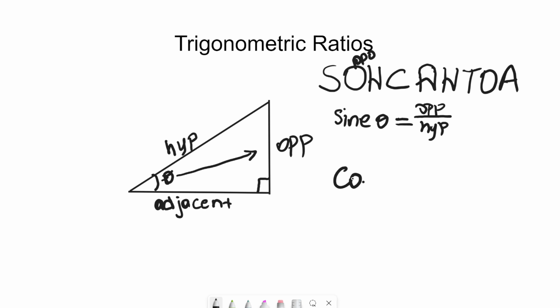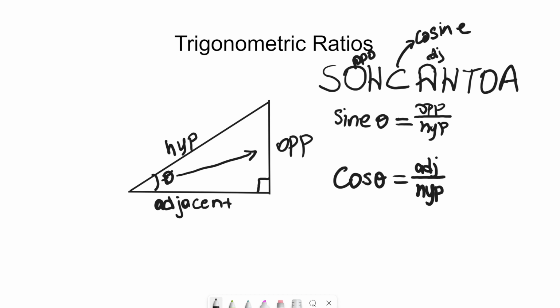Now, cosine, the C is cosine. So cosine theta, based on CAH, is my adjacent, and we'll do ADJ for adjacent. My ratio of my adjacent side over my H, again, hypotenuse.